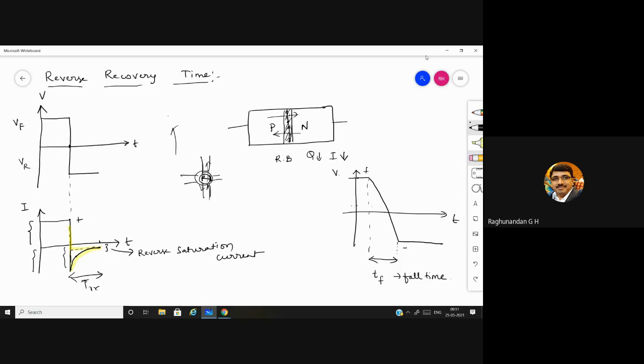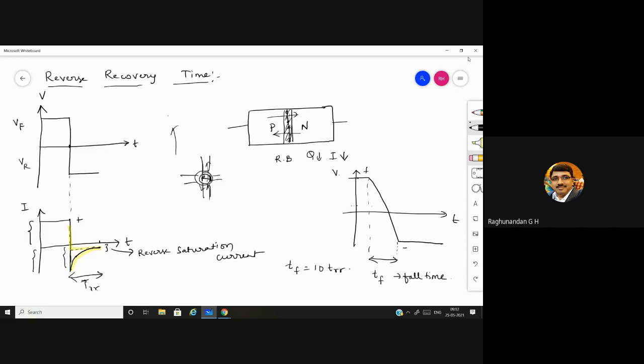So always the fall time should be 10 times the reverse recovery time. Then only can we get the reverse bias condition at the earliest stage, and we are going to get the reverse saturation current immediately. So this is about the reverse recovery time.